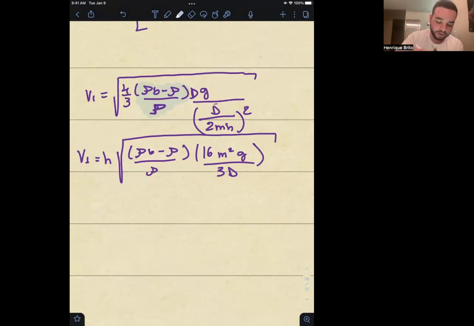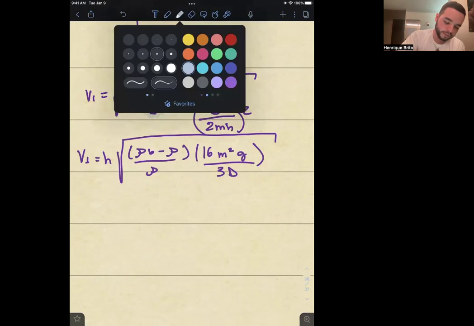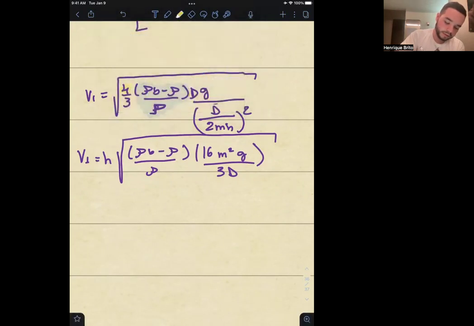So we pass it up. So 4 times 4 gives us 16. Reason being we are trying to get the h out of there, and that's what we were doing right here.